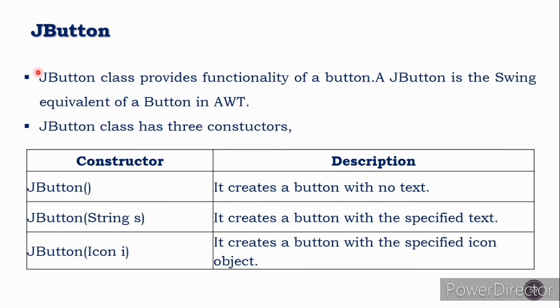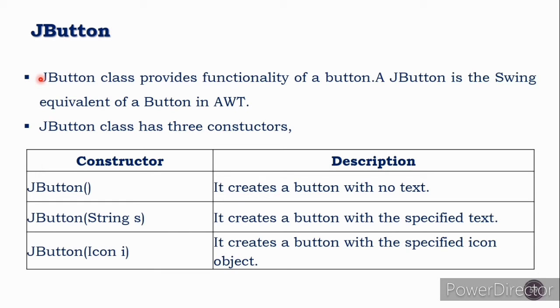Next we will see the JButton component. The JButton component provides the functionality of a button, and this JButton is the Swing equivalent of a button in AWT. Whatever button component we used in AWT, the same component we will use in Swing, which is called a JButton. When a button is pushed or clicked, the application results in some action.